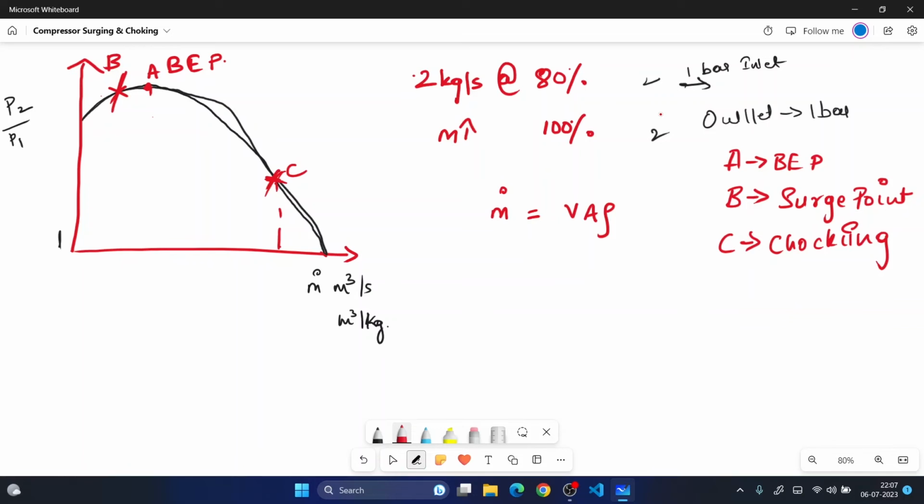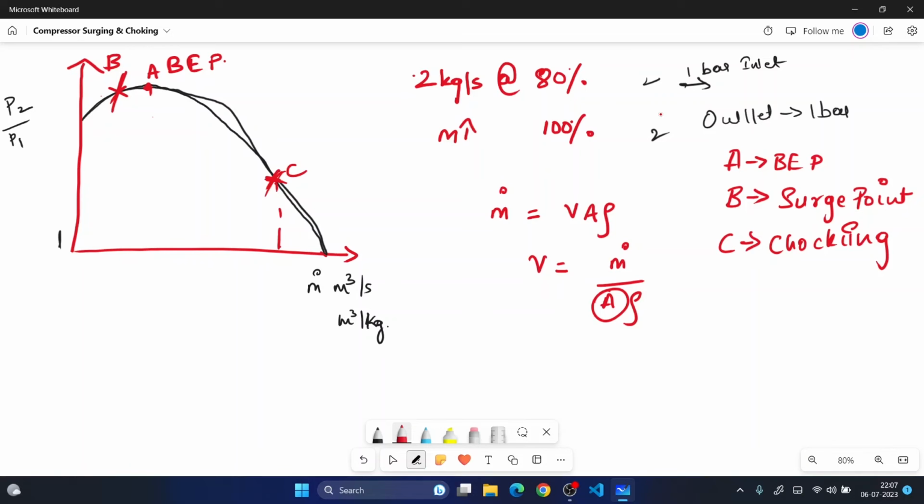We'll write velocity equals mass flow rate by area, and area is constant. We cannot change once the compressor is designed and manufactured and installed and commissioned. We cannot change the area, so it is constant.